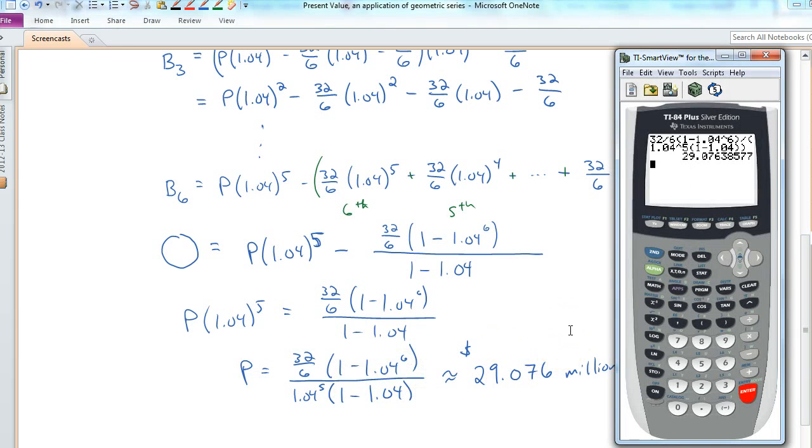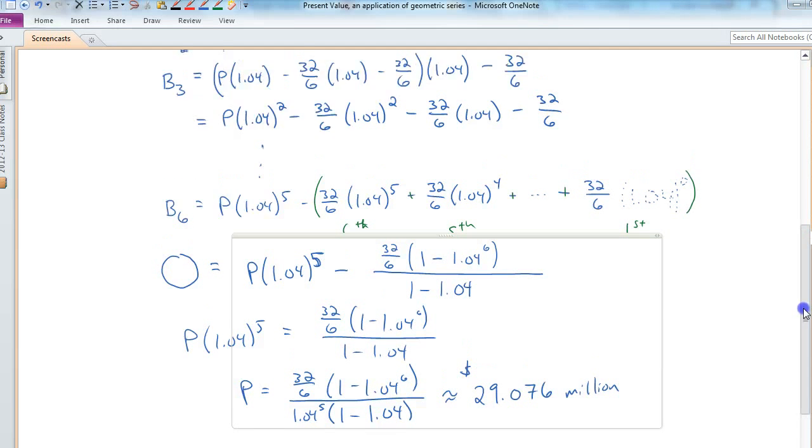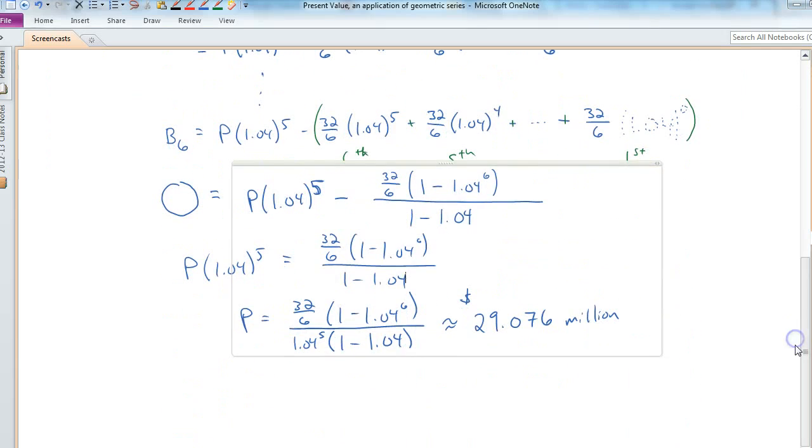Okay, so if I'm the owner of the team and I put in $29.076 million initially, I will have enough money over the long run to pay Joe Schmo $32 million. So essentially, I'm saving about $3 million by paying him in 6 years.